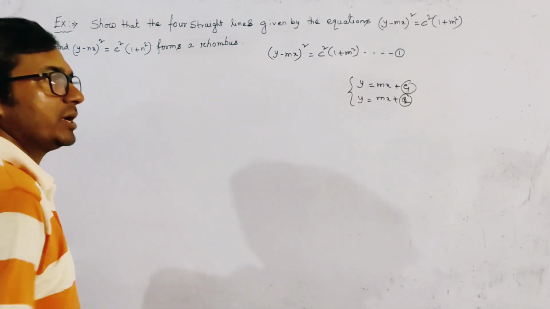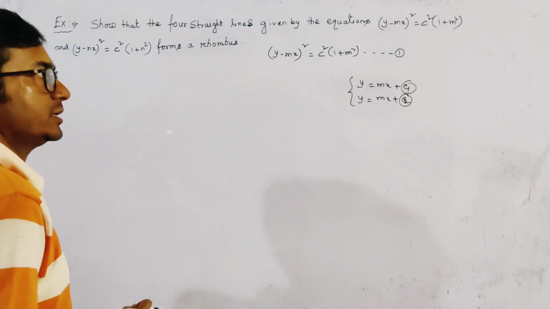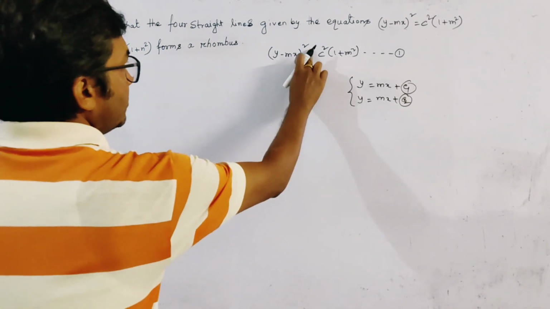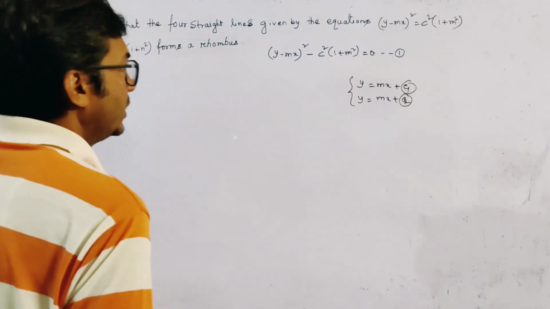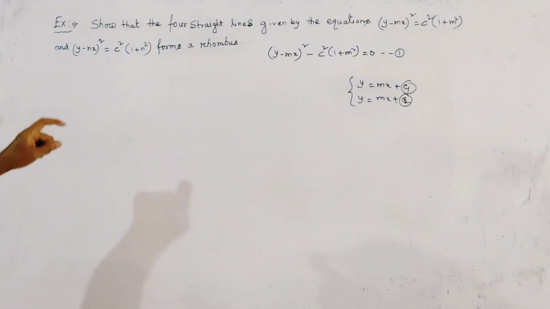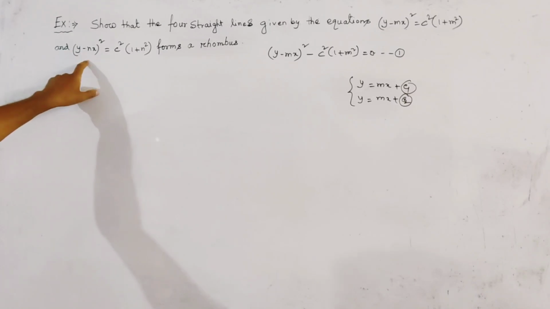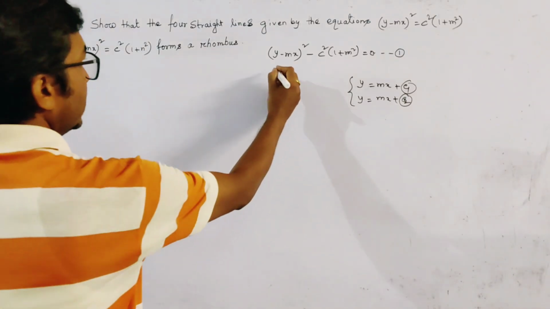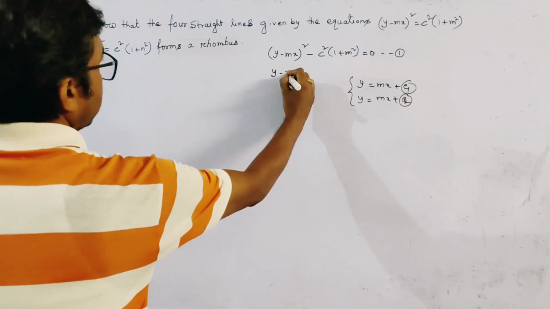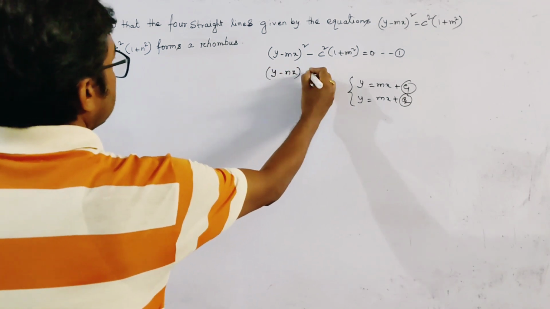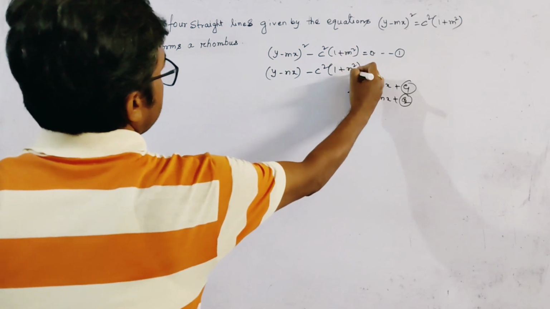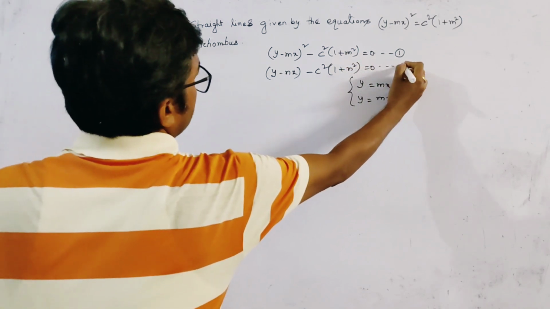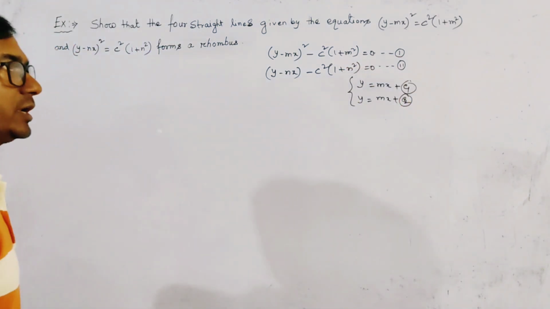So this represents a pair of parallel straight lines, equal to 0. Similarly the second pair is also a parallel pair of straight lines, written as (y minus nx minus c) square into (1 plus n square) equal to 0, and this is equation 2.